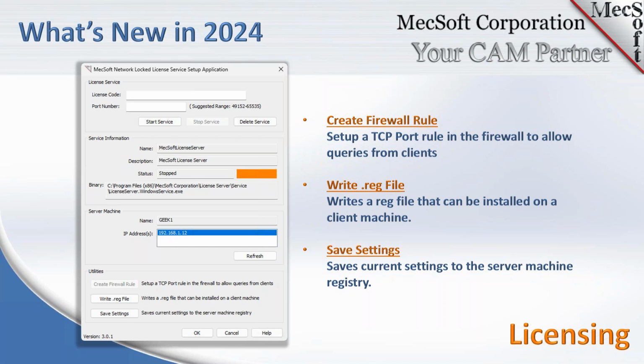This protects your license code from being shared between multiple clients. So in case of theft or inadvertent removal of licenses, your purchase rights are protected. And then the last one is save settings to the registry.